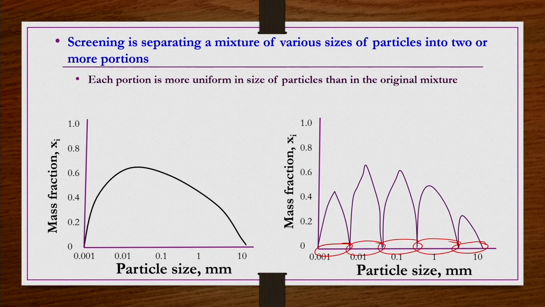That is what we are going to do by using screens in general for our applications. So, each fraction we get after screening is more uniform in particle size than the original mixture. That is what we do by screening, separating a mixture of particulate matter into fractions of different sizes, right.